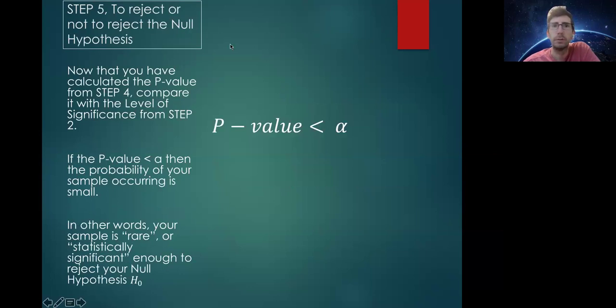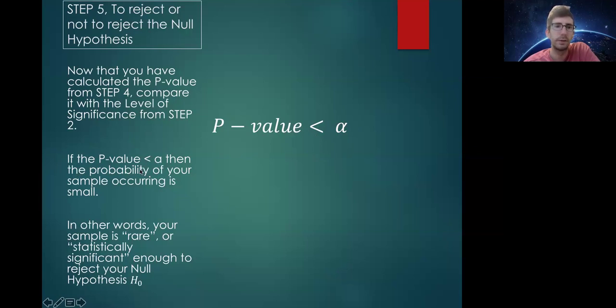Step 5, after we've calculated our p-value, we decide whether we reject or not reject the null hypothesis. We compare our p-value with the level of significance from step 2. Remember, the level of significance is just our alpha value. So we essentially have two cases here. Our p-value can either be less than alpha, which is our level of significance.